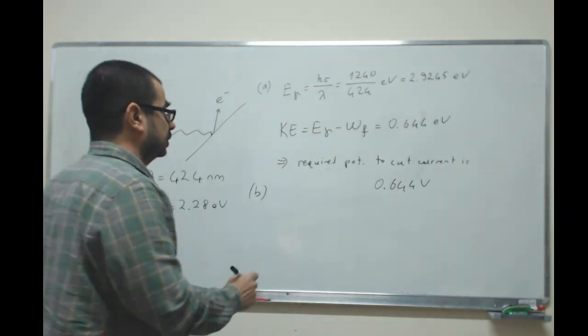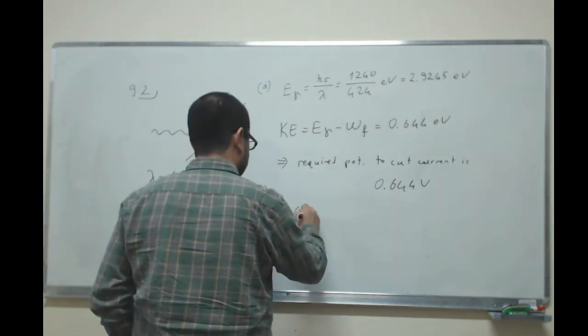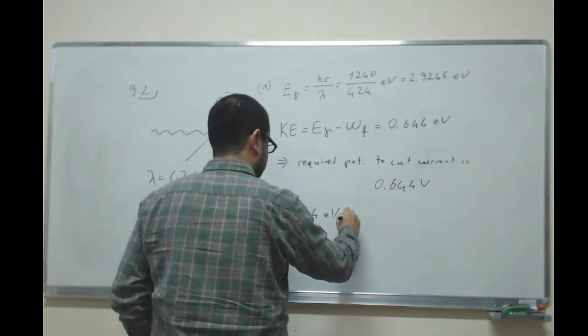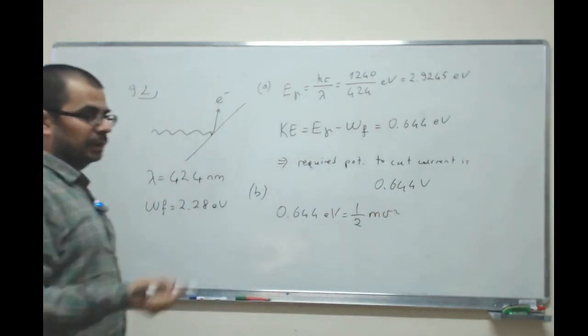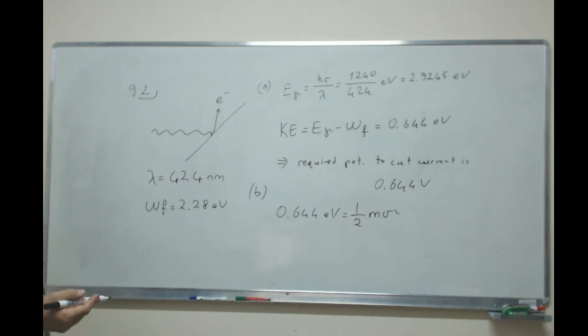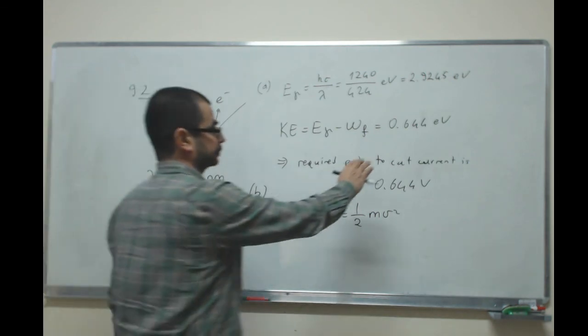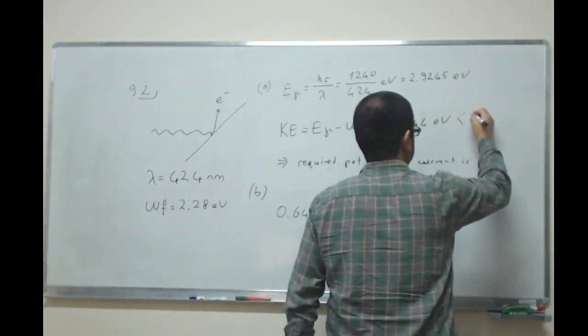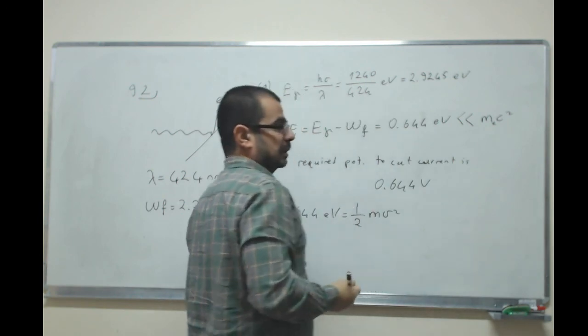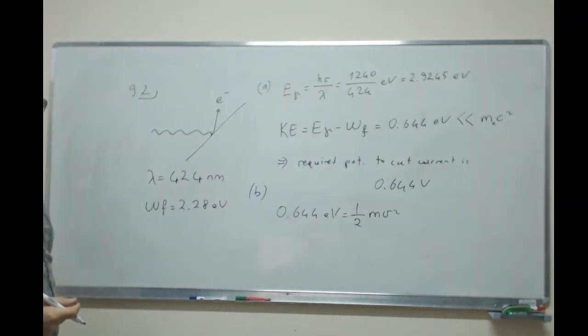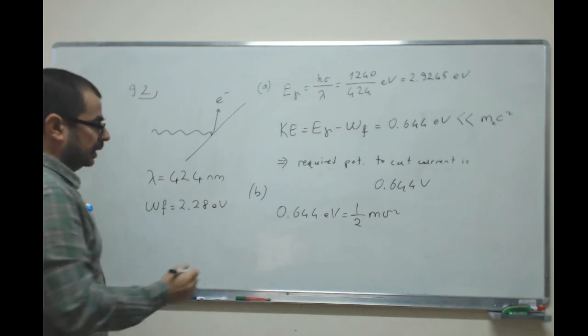So we need to calculate this: 0.644 electron volts is a half mv squared, and I can very safely use the non-relativistic formulas, because this energy is much less than the rest energy, which is half MeV, 511,000 electron volts.